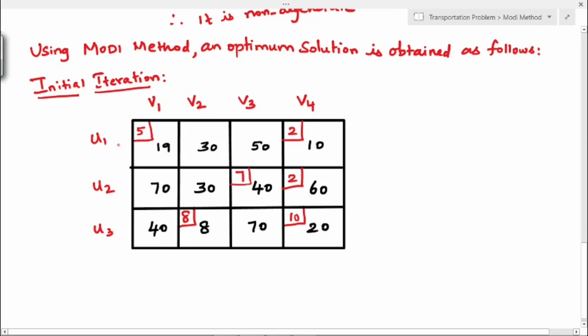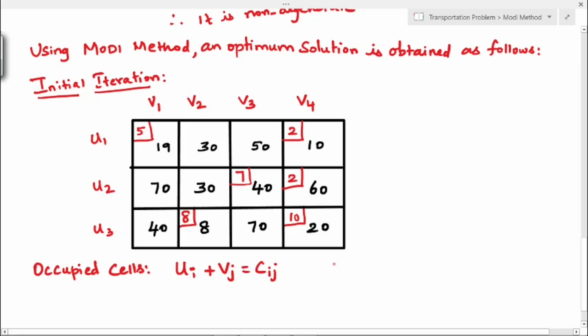Now we have to find the values of U1, U2, U3 and V1, V2, V3 and V4. These are all unknown values. For that we have two equations, one for occupied cells and another for unoccupied cells. First, for occupied cells, we use Ui plus Vj equal to Cij.